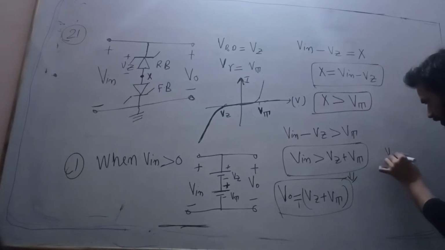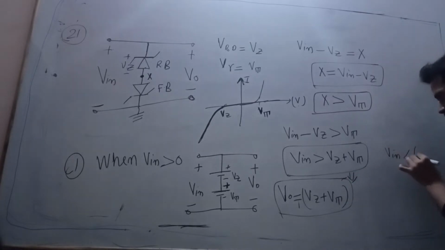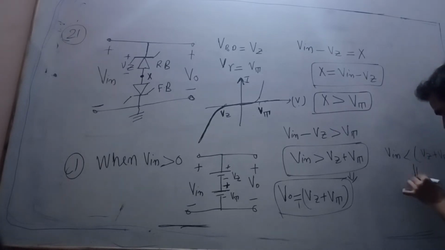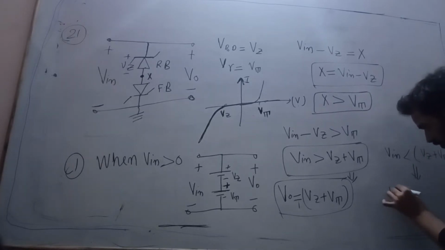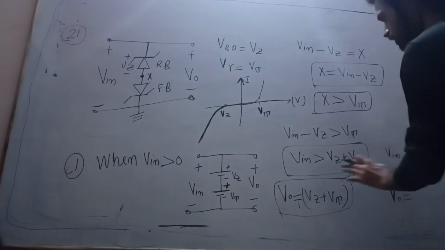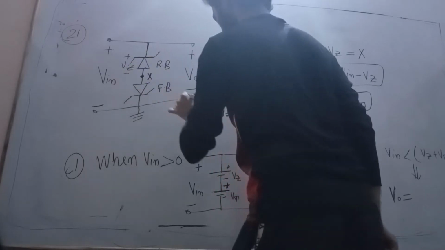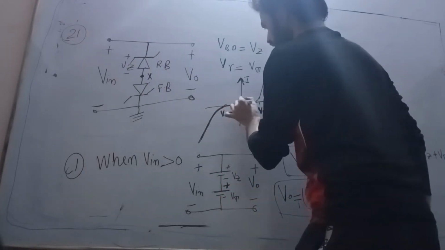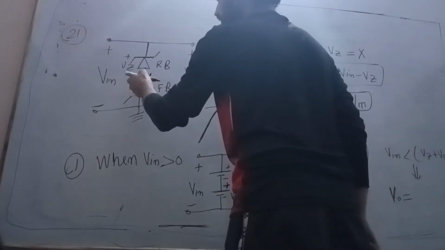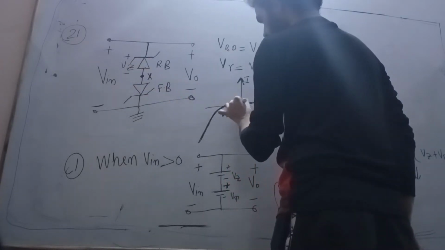Now when V in is less than VZ plus VT, then V naught is what? When V in is less than VZ plus VT, this diode is in reverse bias, and this diode is also in reverse bias.